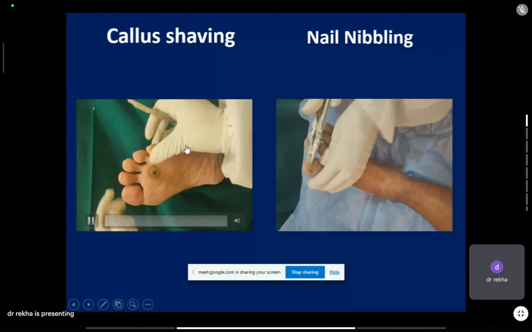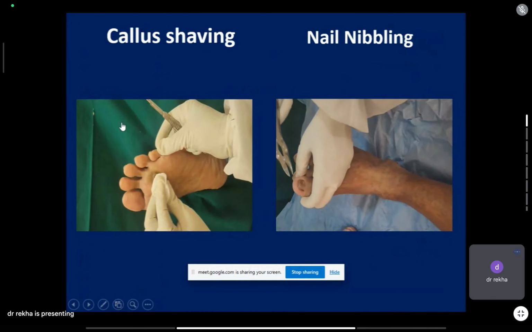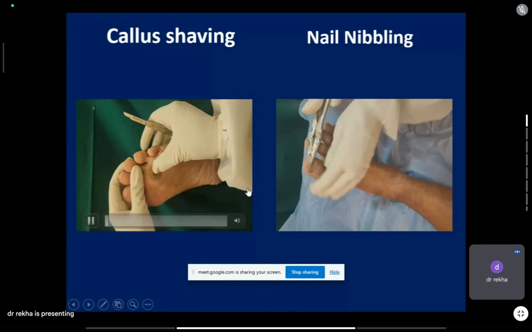So as I said earlier, we can do callus shaving. This is the hard skin which we call the callus, and we have to shave this callus. You can see how we shave the callus.